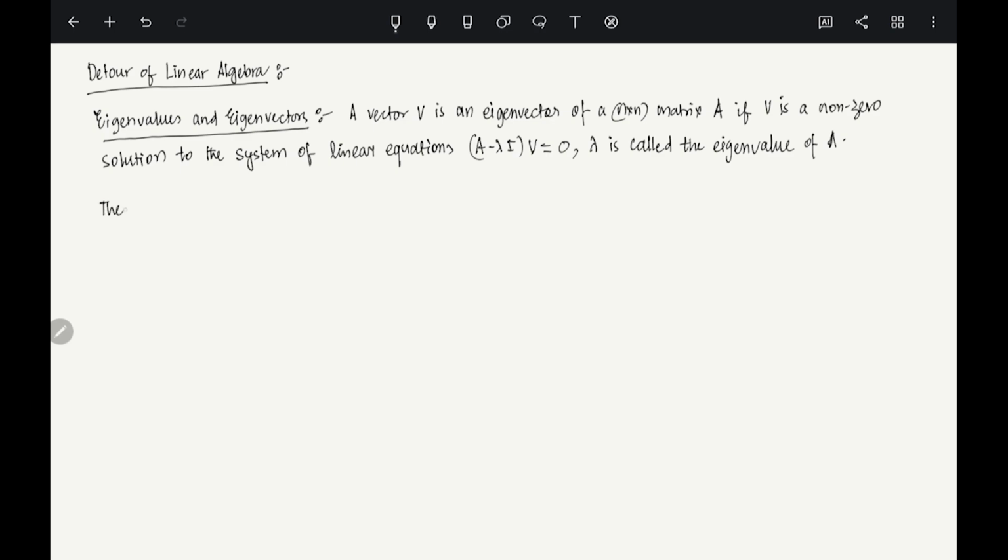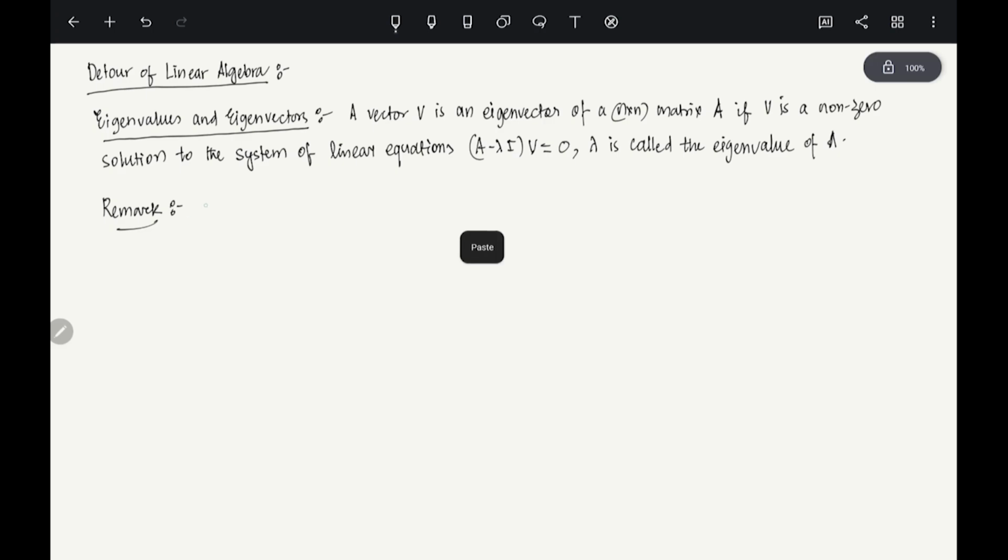First, let me write this as a theorem. Before that, let us put down a small remark. I am assuming that you already know what eigenvalues and eigenvectors are and what their properties are, so I am not discussing it further.